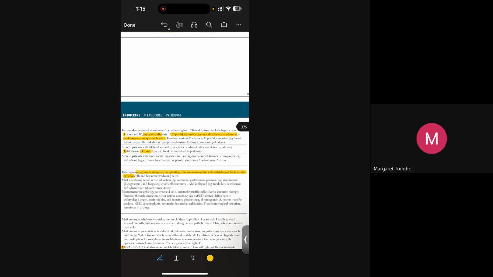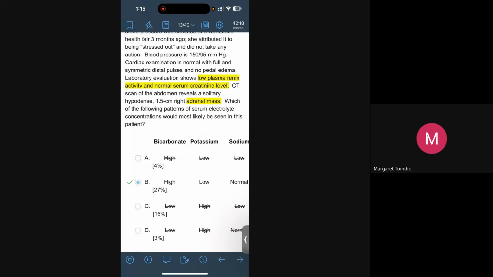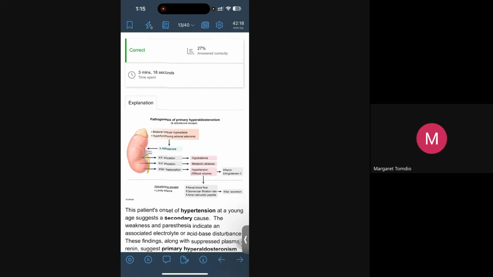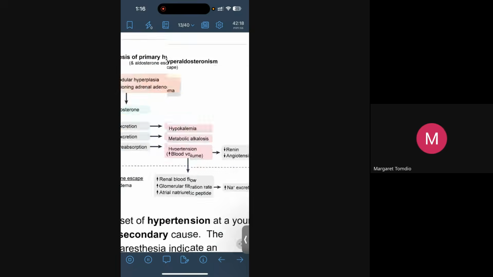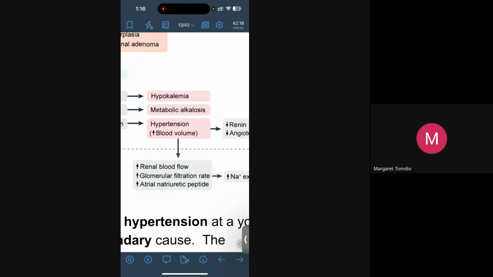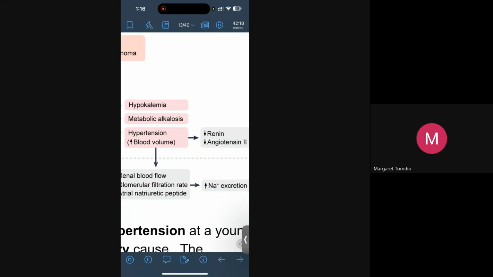It is the same way the euvolemic hyponatremia occurs in SIADH. Let's move on to the next one. With the aldosterone escape, the renal blood flow increases, GFR increases, and ANP increases, which increases the sodium excretion.